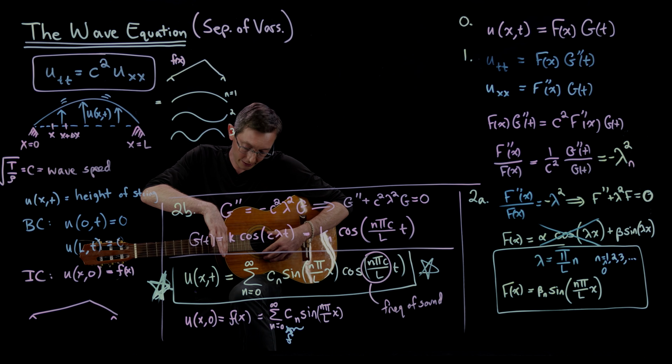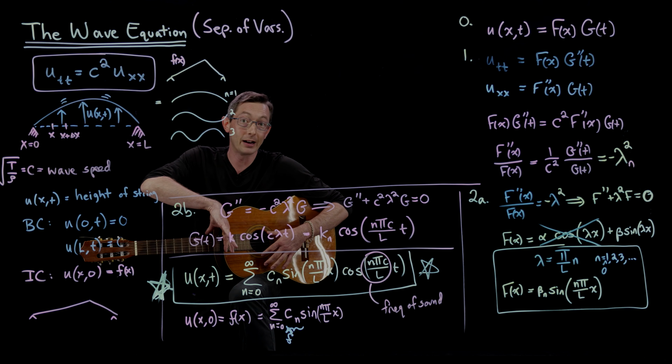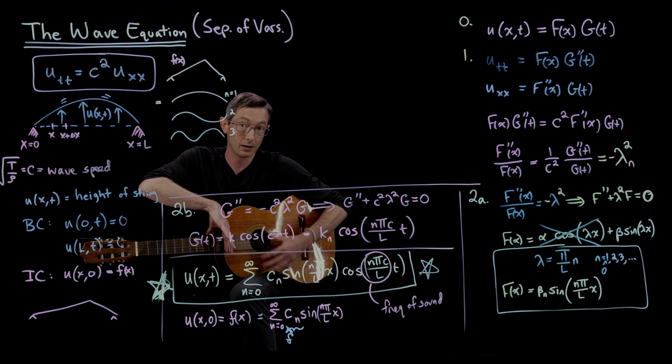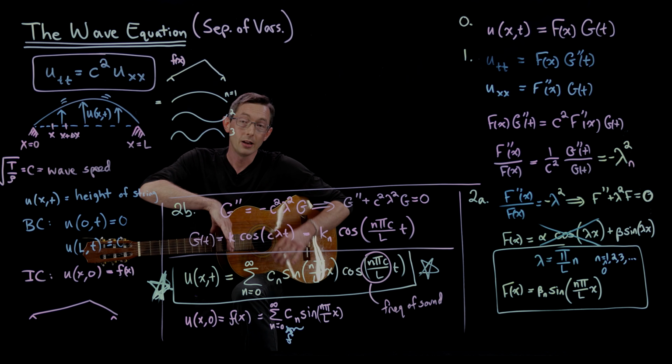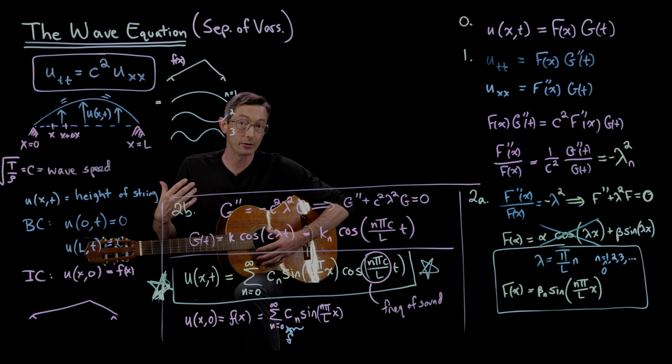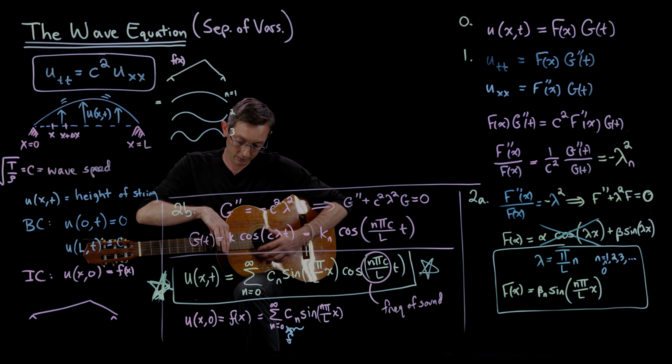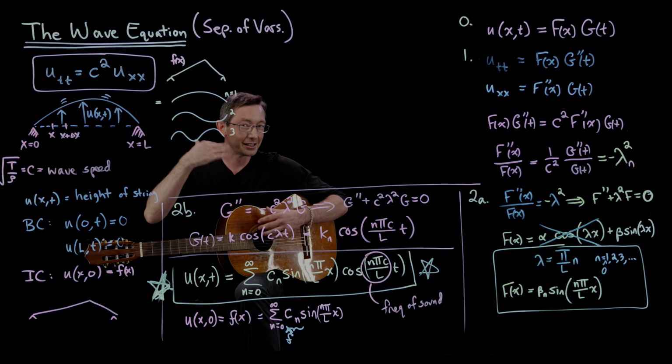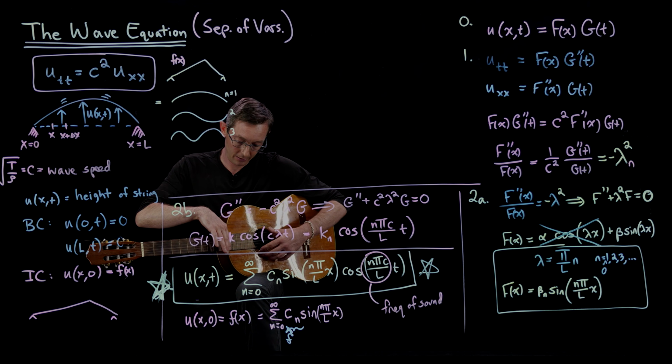And you can hear this really clearly if I put my finger very lightly on the 12th fret. You can see that most of the sound is coming through, and it's a little bit higher pitched.